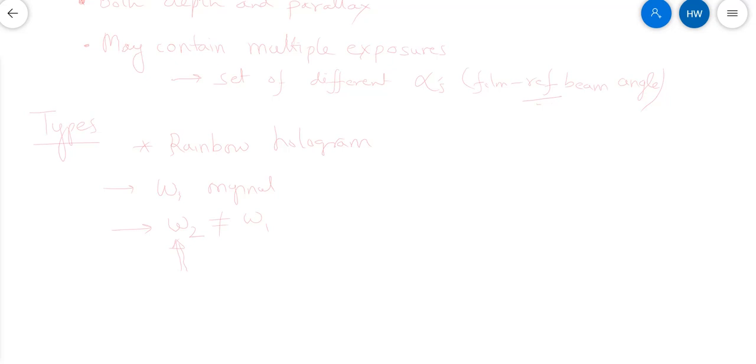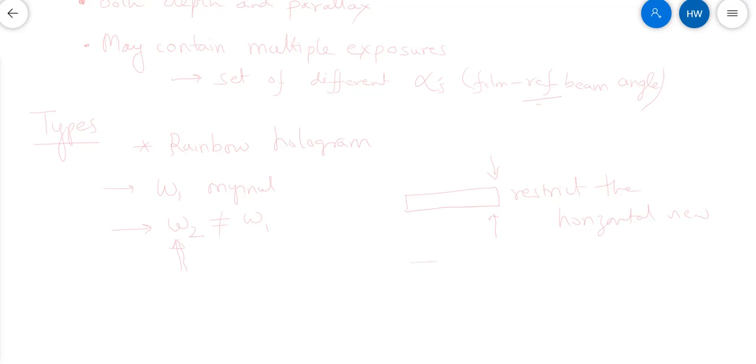Now the other thing I can do is expose this hologram to multiple frequencies together, like a white light. Then what happens? If you put in white light, the colors get mixed up, because the white light is coming at different angles, and different colors are getting scattered, and these will all get mixed up. So the rainbow hologram does something neat. What it does is restrict the horizontal view while recording.